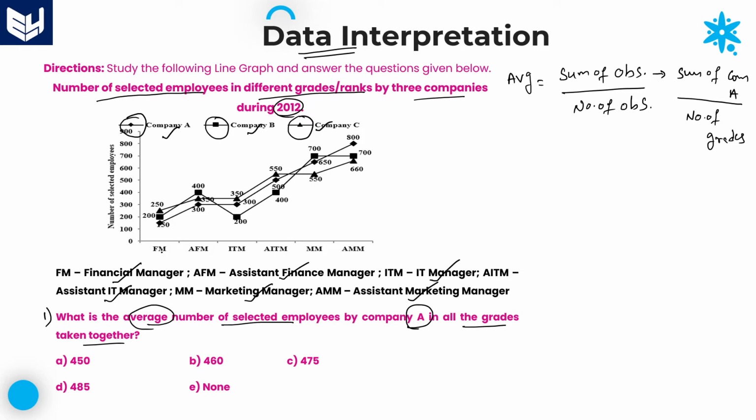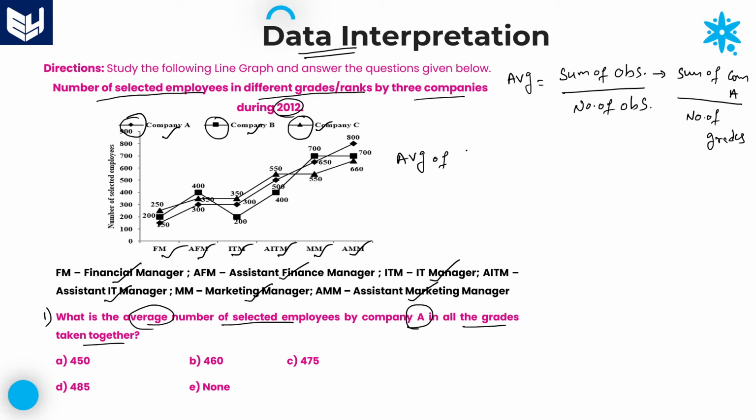Here we have a total of six different grades: financial manager, assistant financial manager, IT manager, assistant IT manager, marketing manager, and assistant marketing manager. The denominator is fine. Now you need to calculate the required average.